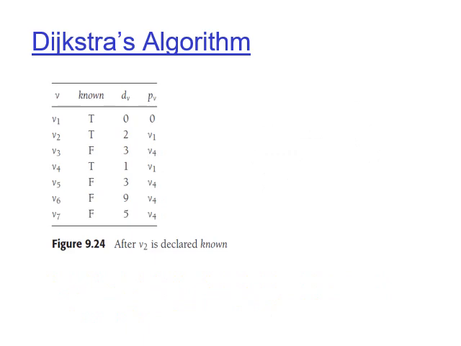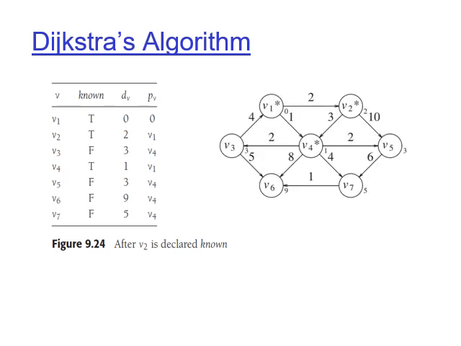So this is what we have after V2 is declared known. Look at the variable known, look at DV, look at PV, right? And now this is the corresponding graph. So V1 is known, V4 is known, V2 is known. This attribute is depicted with the help of the star within the circle of these three nodes.